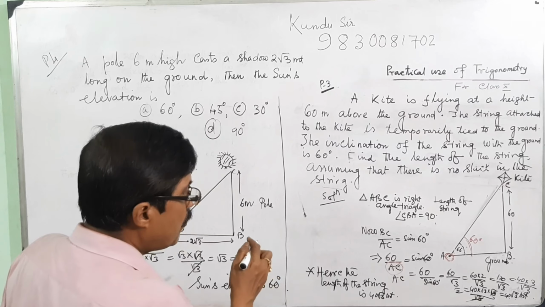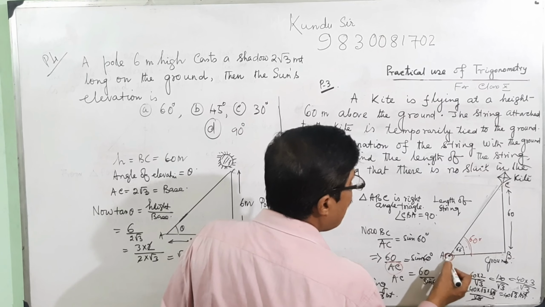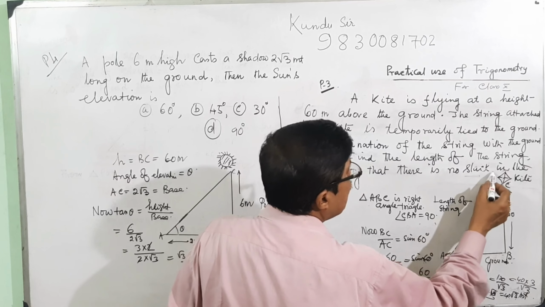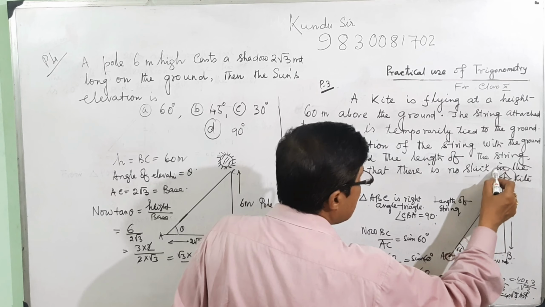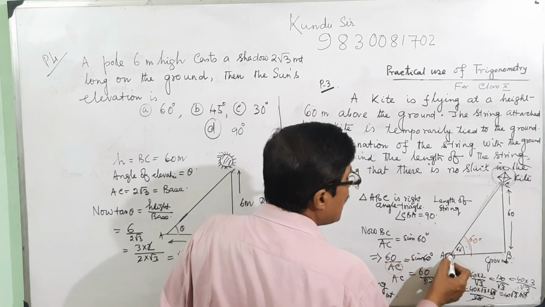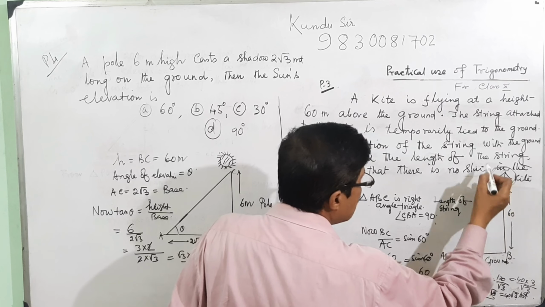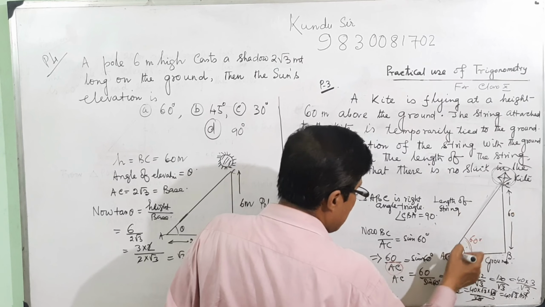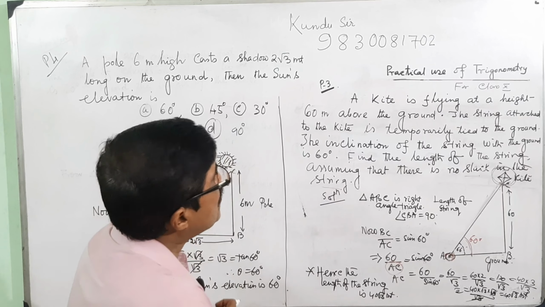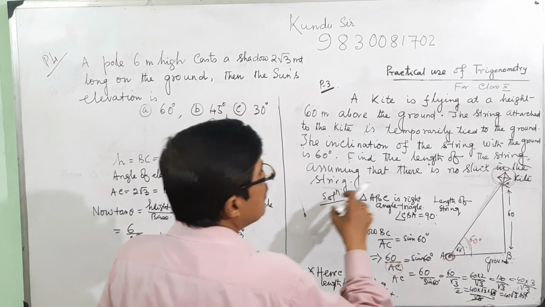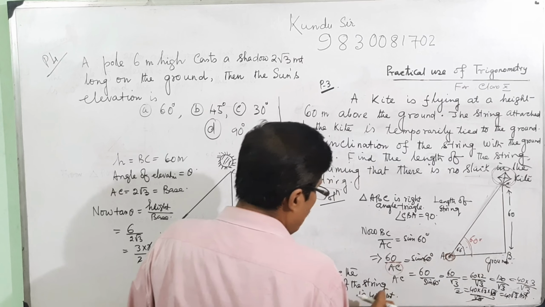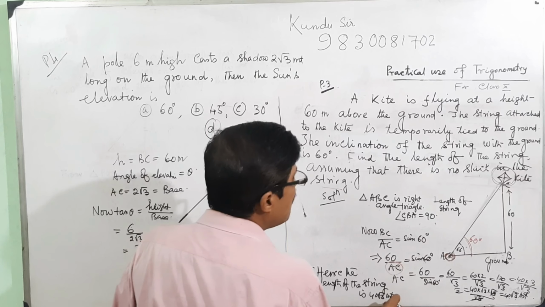That means the string is tied here and the kite is flying; the distance between the ground and the kite is the length of the string, equal to 40 root 3 meter.